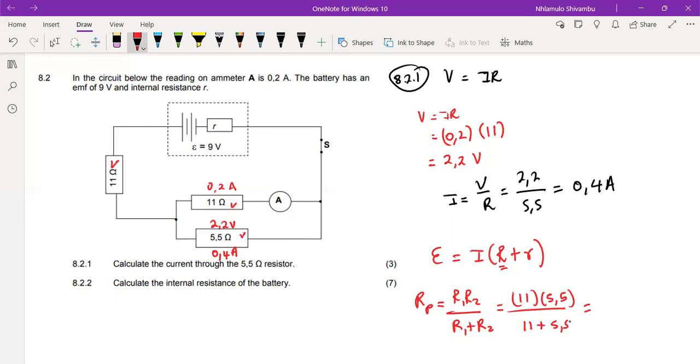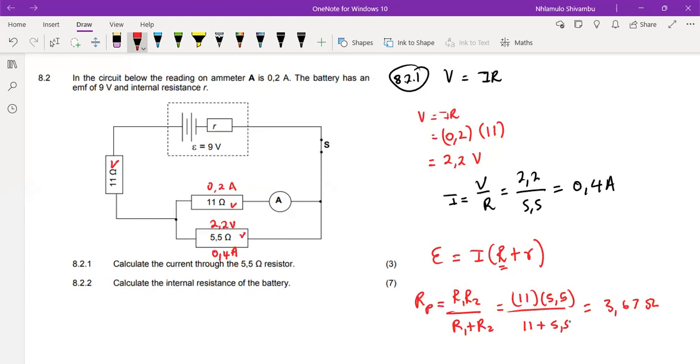So this is what you must always know, that in order to get the total resistance of the circuit, you must make sure that you get the total of the parallel first, so that you can add it with the ones that are connected in series. And this will give us an answer of 3.67 ohms. This is the total resistance of the parallel connection.